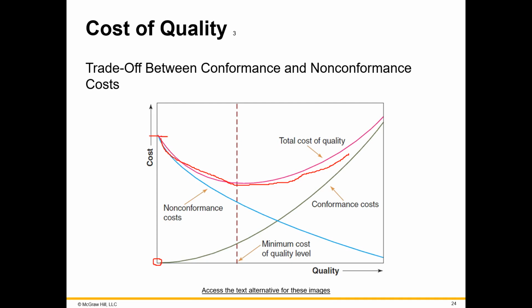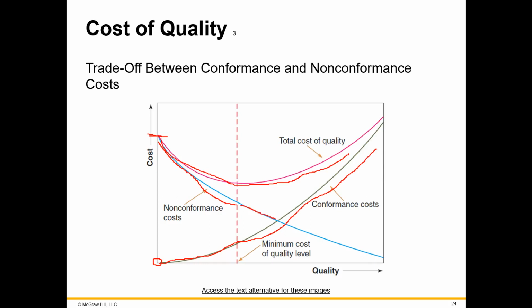Now, if you increase your conformance costs, so you're increasing your testing, your non-conformance costs, like your warranty, is going to fall. And at some point, you're going to keep increasing your conformance cost, and your non-conformance will continue to drop, but it'll start leveling off at a certain point.